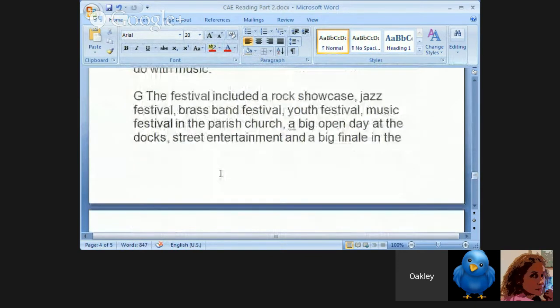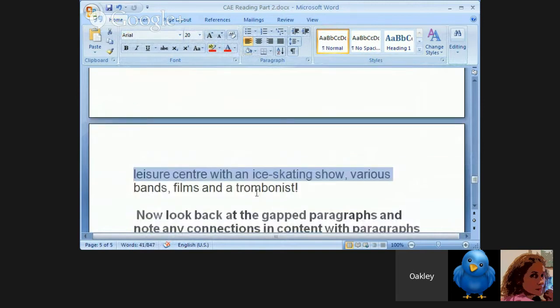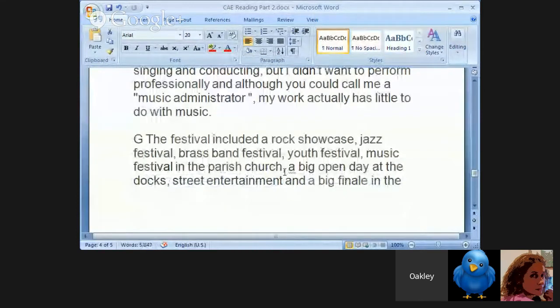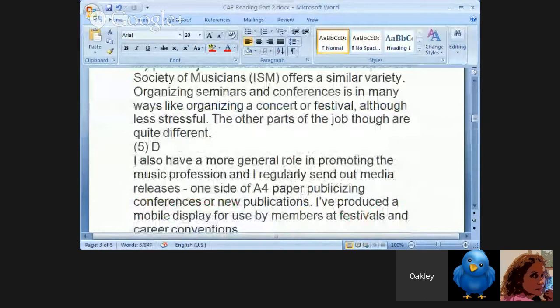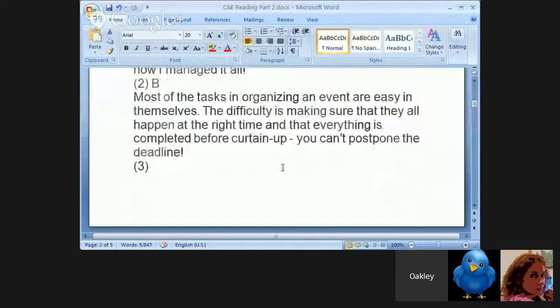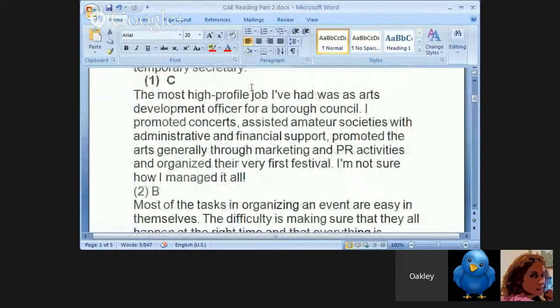If I do that, all right. The festival included a rock showcase of this and of that. Okay, all the things. An ice skating show, various bands, films, and a trombonist. Will it make sense? I hope so. Okay, let's try it. Okay, talking about a secretary.